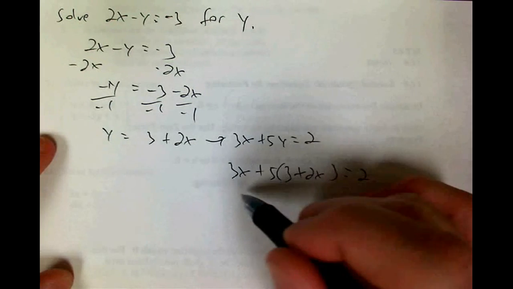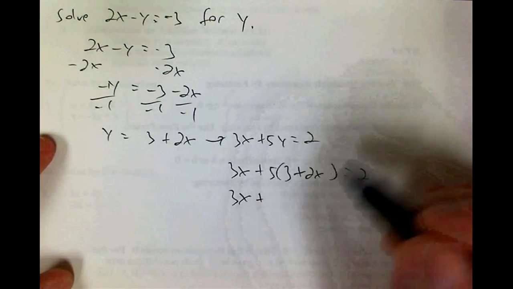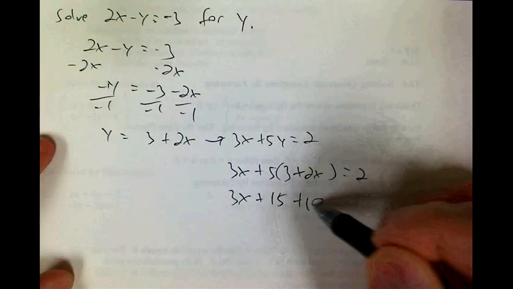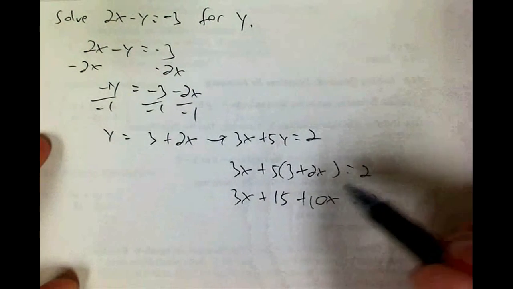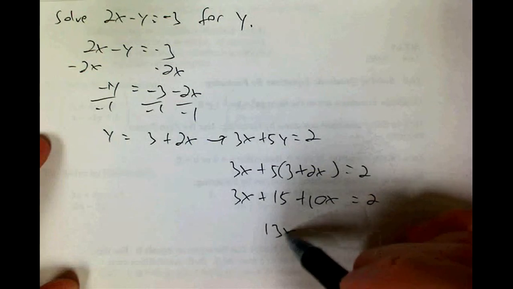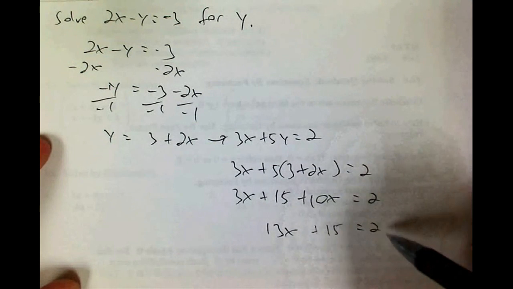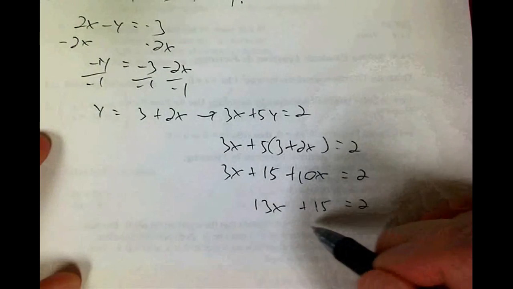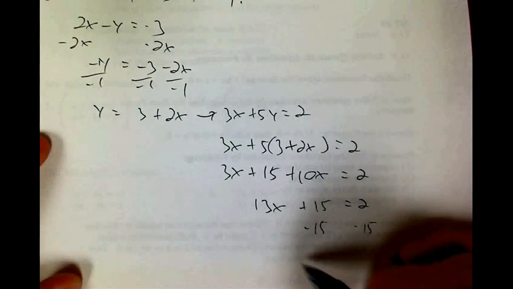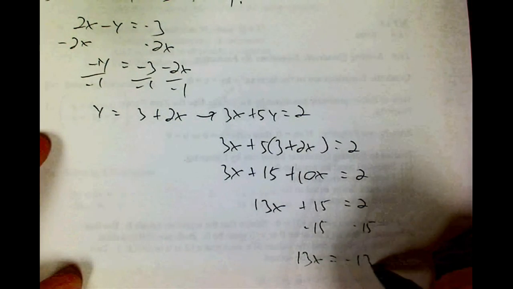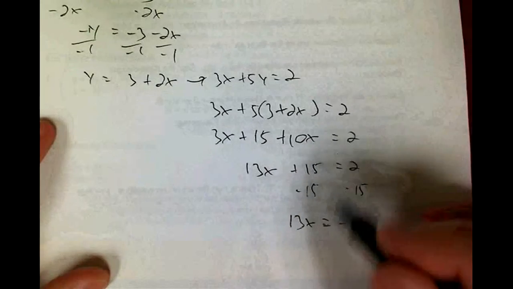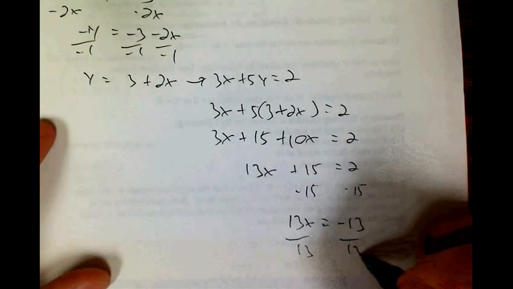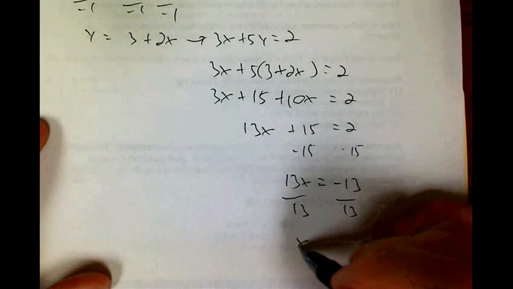So I take 3x, distribute the 5, and you get 15 plus 10x equals 2. Add the like terms, 3x and 10x is 13x. Going to isolate the x term by subtracting 15. And now I'm going to isolate the x by dividing both sides by 13. And we get x equals negative 1.